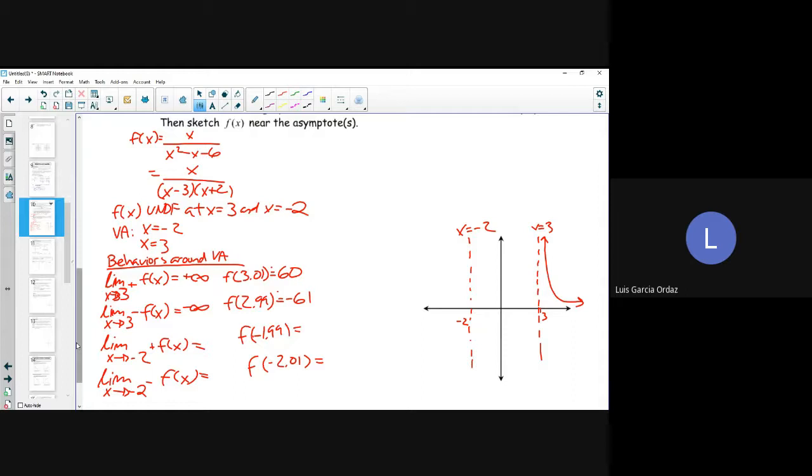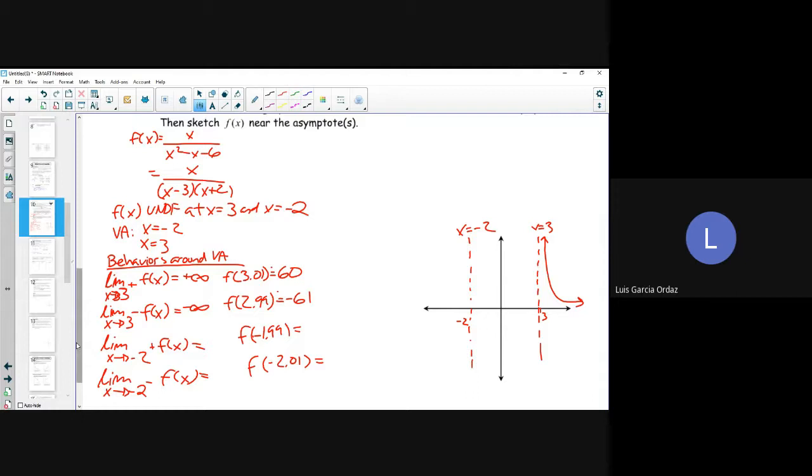Give you guys a minute to figure those two questions out. I'll ask one of you for an answer. So did anyone get a value when they evaluated f at negative 1.99?